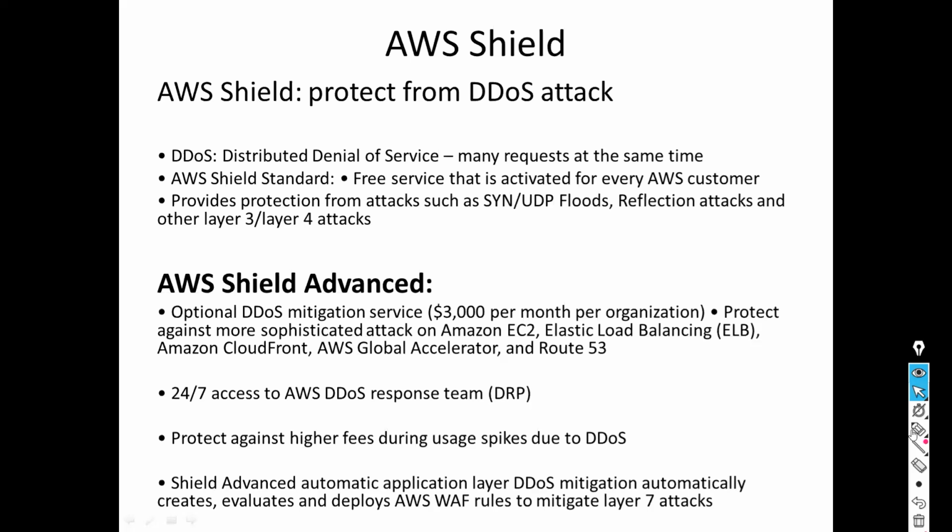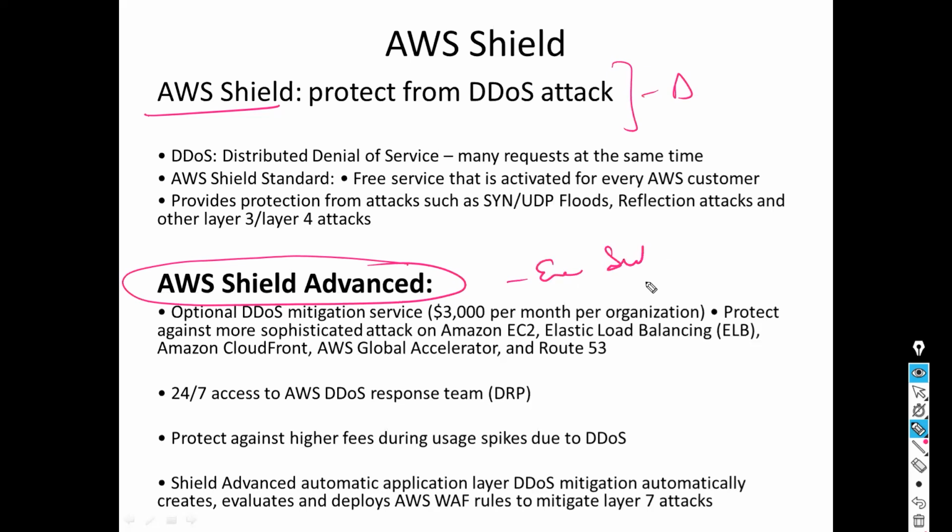Earlier it was not free, but now AWS is enabling AWS Shield for all our accounts. But if you want Advanced AWS Shield, you need to subscribe to that service. As soon as you subscribe, they will charge $3,000 per month. So it is very costly.